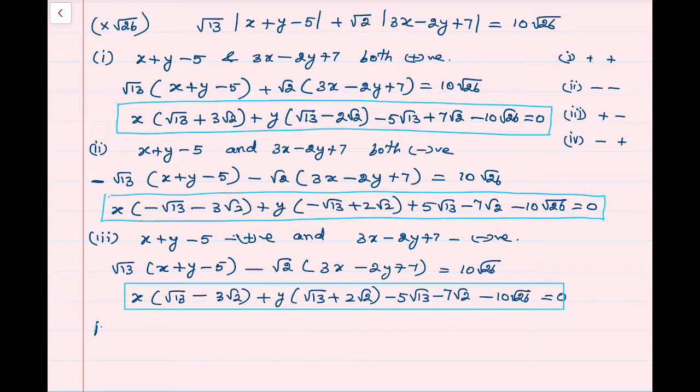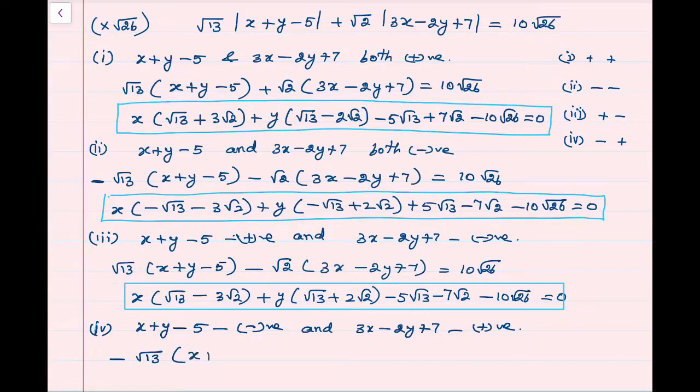Now the last case, the fourth one, we will take x plus y minus 5 a negative quantity, and 3x minus 2y plus 7 a positive quantity. So to remove the absolute value sign for negative numbers, we have to put a minus sign.